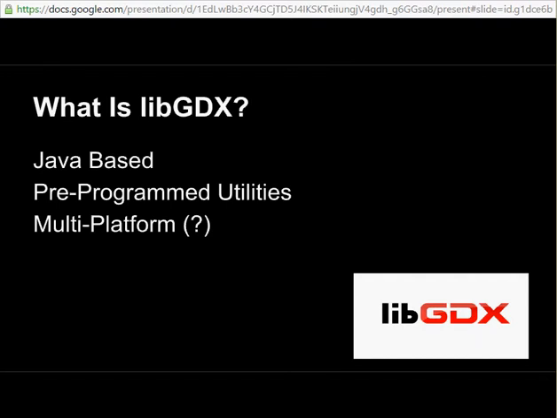For example, there's everything from math utilities like vectors and matrices to things that handle physics and collisions. Very easy, rudimentary basic stuff that we are pretty glad that we don't have to program ourselves.